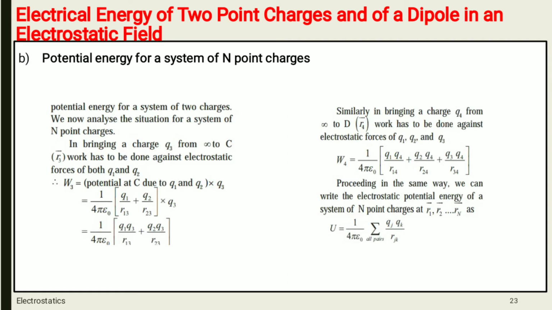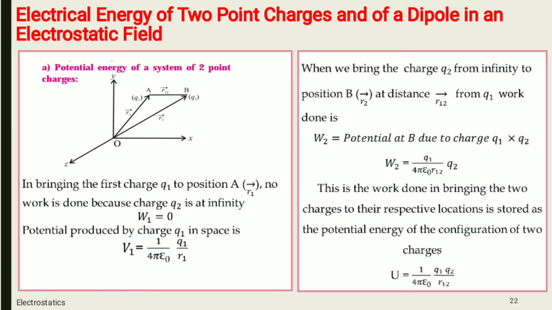Now we are going to continue with point B from your syllabus, which is the potential energy of a system of n point charges, the continuation of point A, where you studied the potential energy of a system of 2-point charges. The equation we got is U, the potential energy, equal to 1 upon 4 pi epsilon naught Q1 Q2 divided by R12.